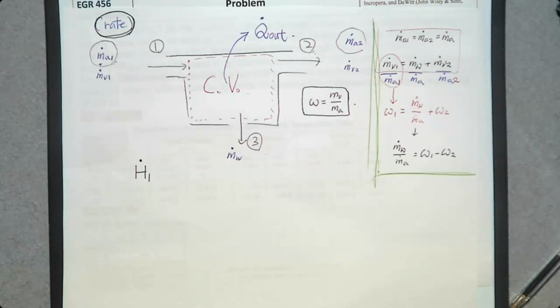Then what about energy transfers leaving this control volume? We have a heat transfer Q. We have enthalpy at number 2. We have enthalpy at number 3. You can see the direction of each arrow. This one goes in, this one leaves, this one leaves, this one leaves. So there are 3 energy transfers out of this control volume.